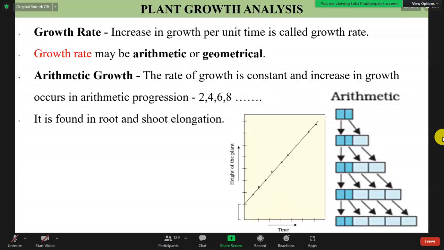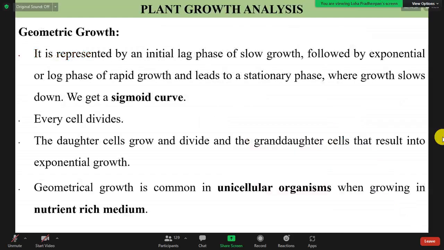If you look at the plant height, we can normally get measurements. This is one example of arithmetic growth. Arithmetic growth can be seen in root and shoot elongation. Lengthwise it is increasing.